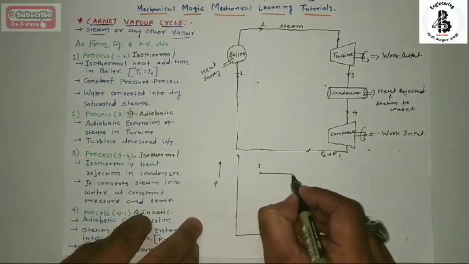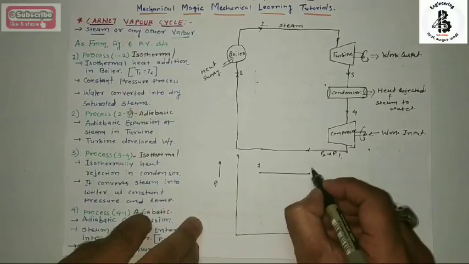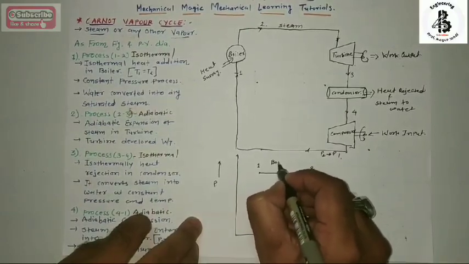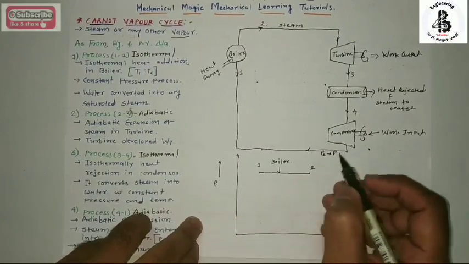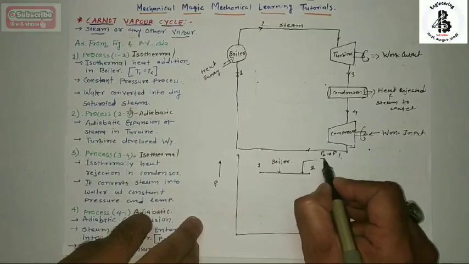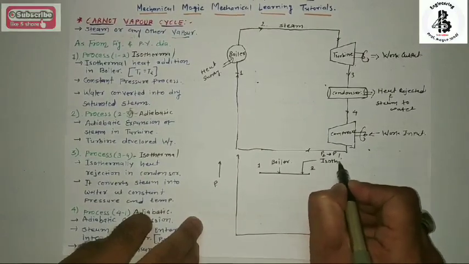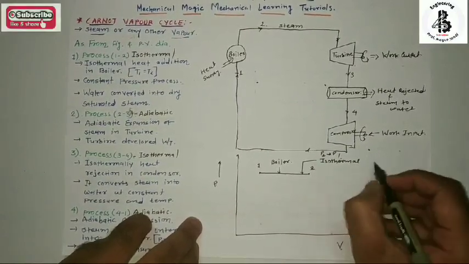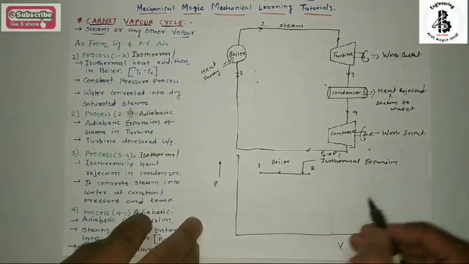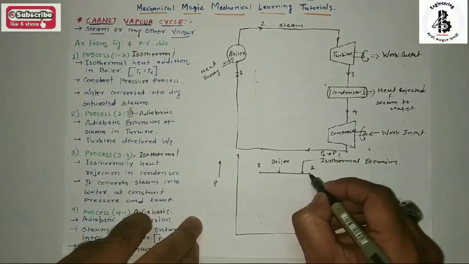The 1 to 2 process is the boiler, or you can say the thermal expansion process.